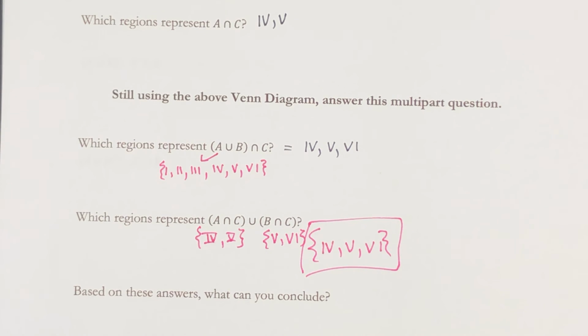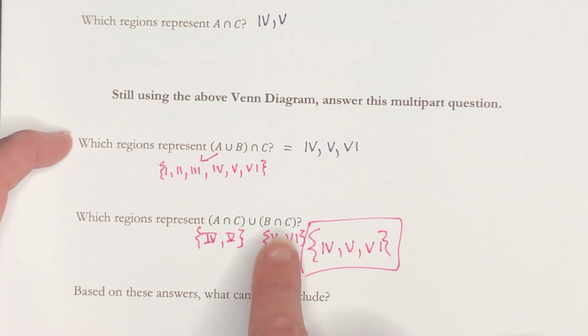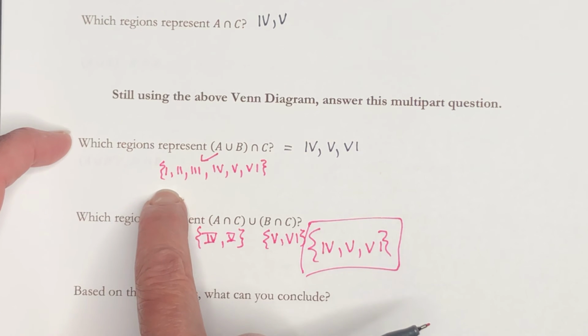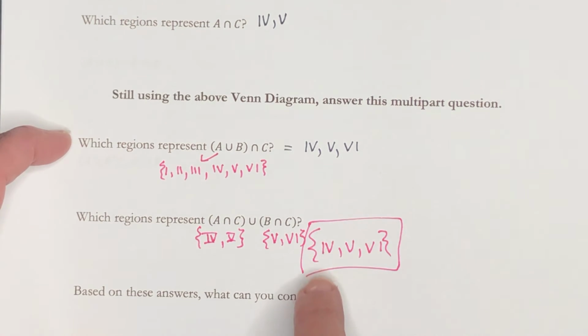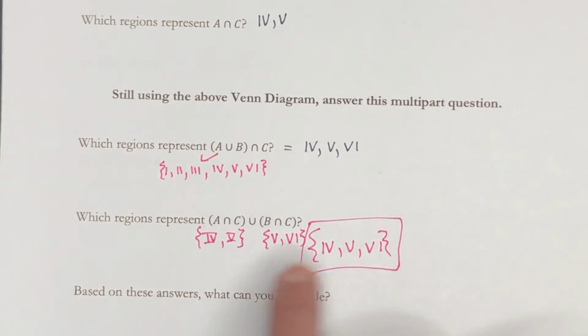Now, based on these, what can we conclude? 4, 5, 6, 4, 5, 6, correct? So these two are talking about the same region.